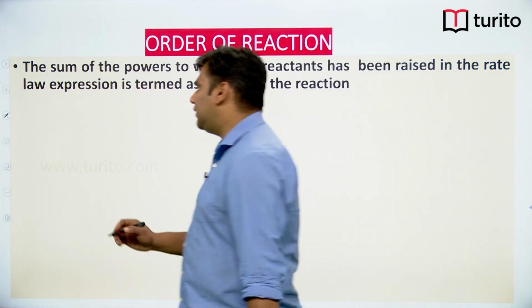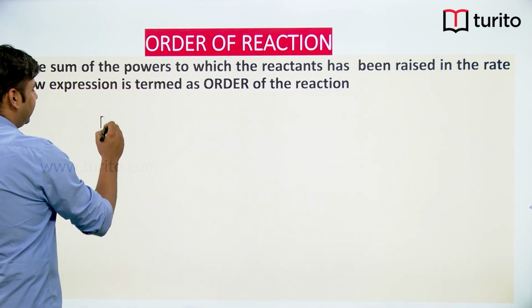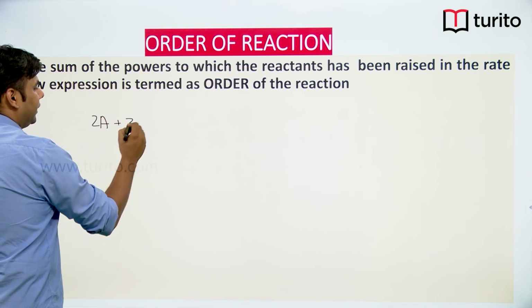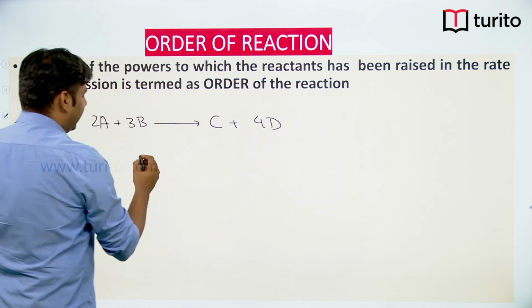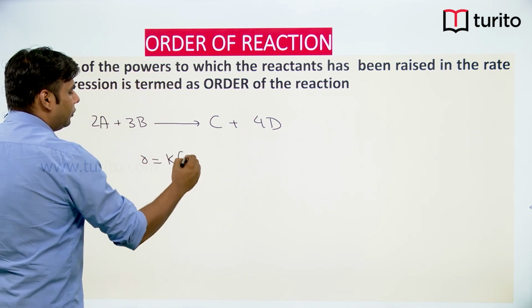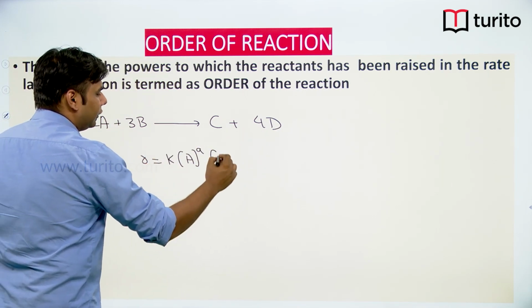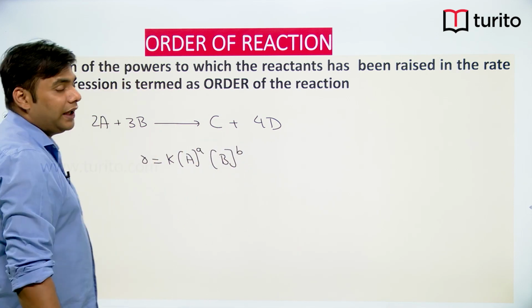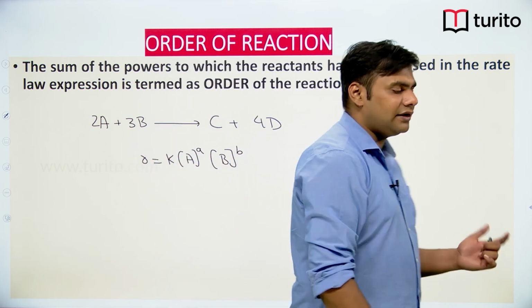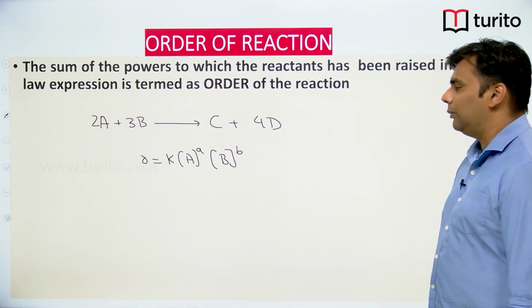So basically when you have a reaction, say something like this, aA plus bB changing into cC plus dD, the rate is k into concentration of A raised to power a into concentration of B raised to power b. So now we know that the order with respect to A is a, the order with respect to B is b, and the overall order is a plus b.